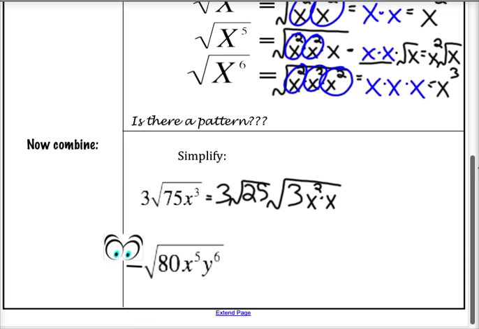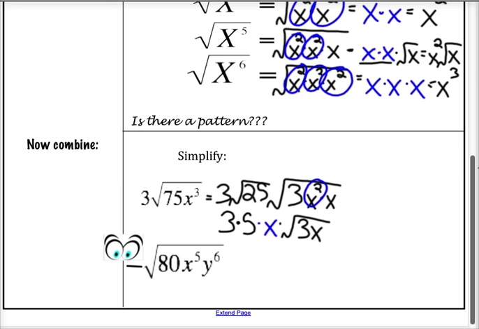So remember, x cubed breaks up into x squared and x. So what's happening here? Well, we have 3 times 5, because square root of 25 becomes 5. We have that x squared piece that pulls out. But then we have the 3 and the x that are still stuck inside.